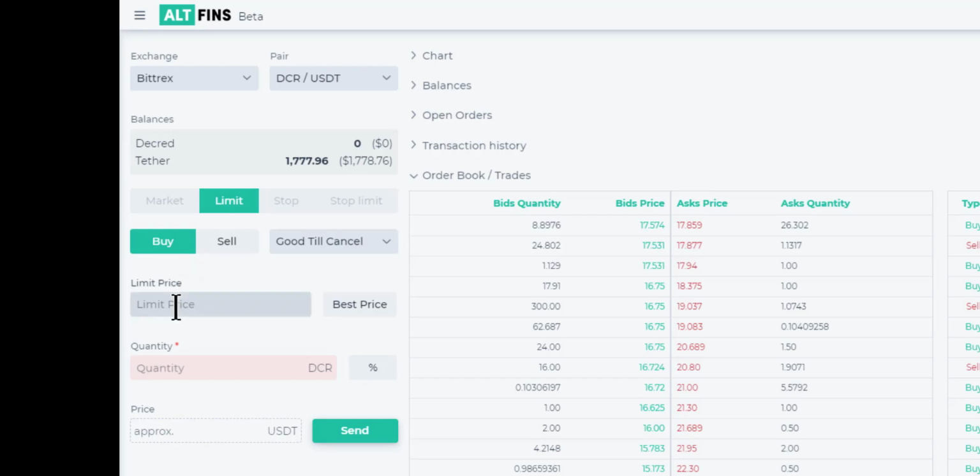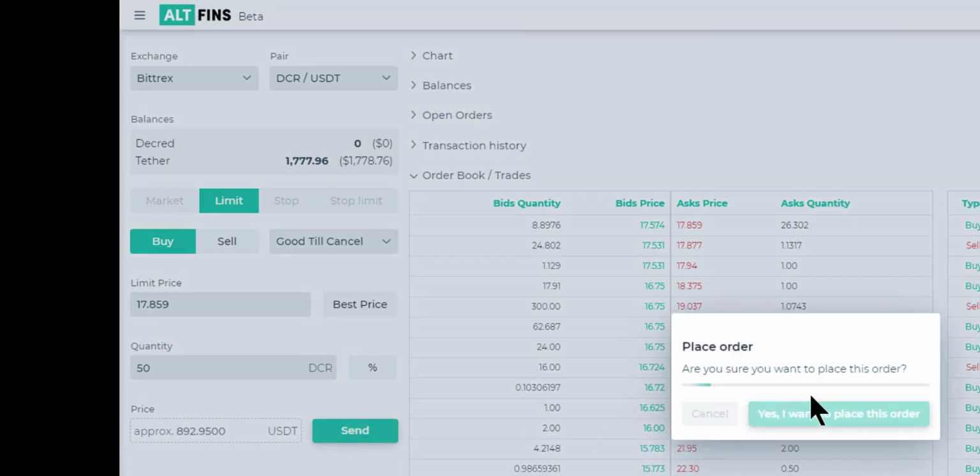So I'll go ahead and select the best price currently that I can buy it for with a limit buy. I'll put a quantity of 100. That would be too much, so let's go ahead and do 50. So about $900 worth of Decred that I'm going to buy.